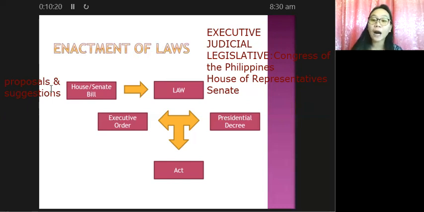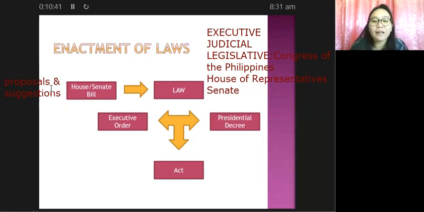Just like RA 5527, it started out as a Senate bill. We have Senate Bill 996.